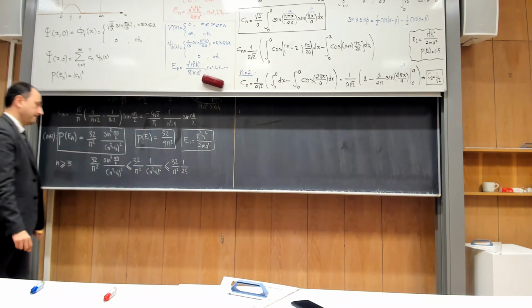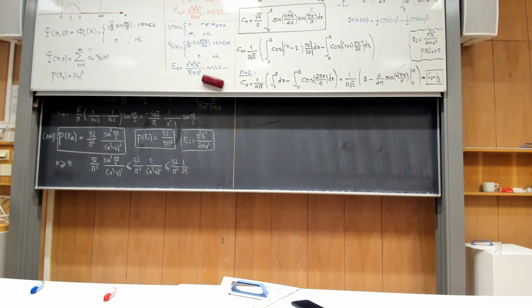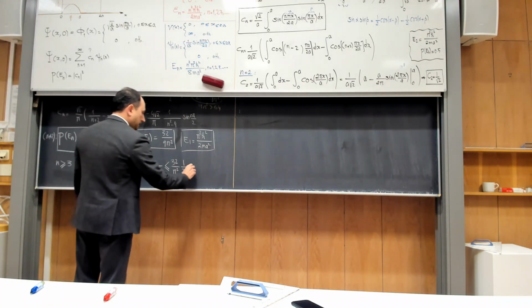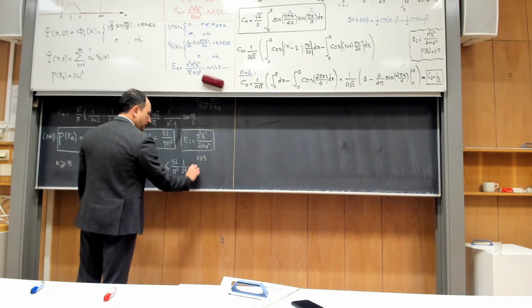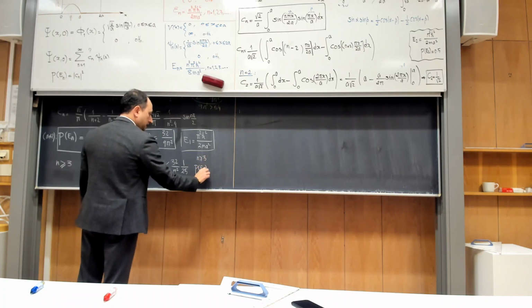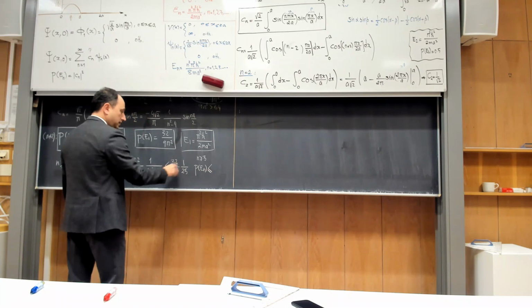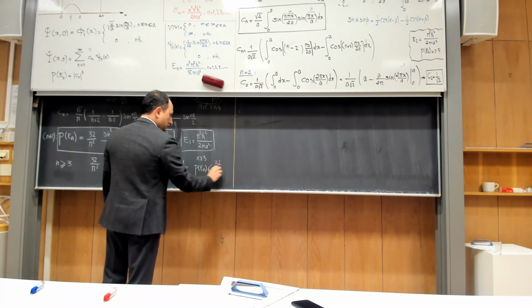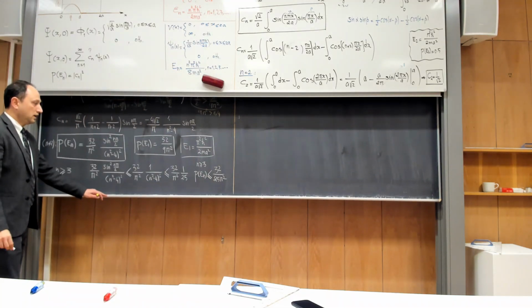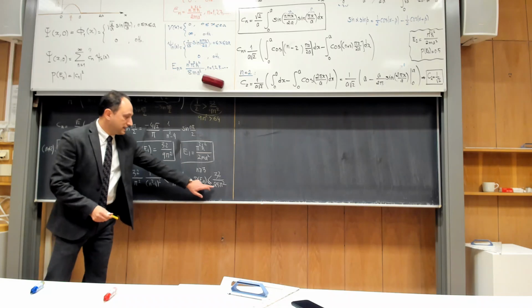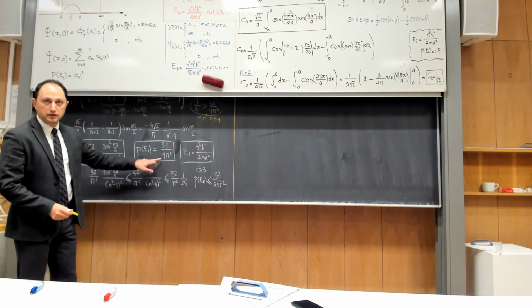Yes? 9 minus 4, yes, that's correct. So this means that if n is greater than or equal to 3, P of En is definitely smaller than this number. Yes? And of course, this number is definitely smaller than this number, okay?